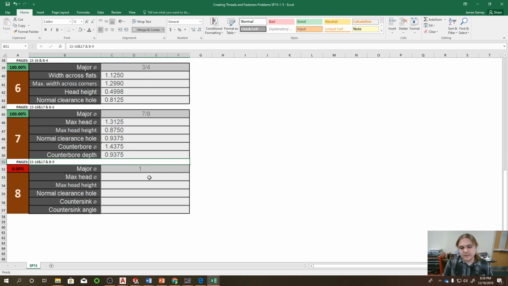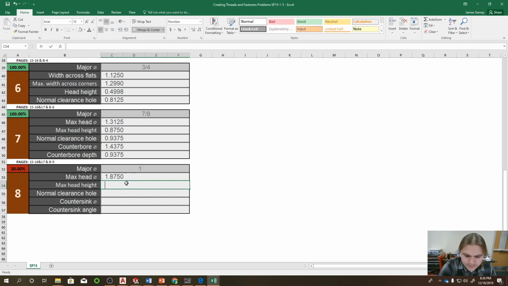And then the last one is a countersink. So I'm going to jump back to Appendix B again, and then jump over to page B9 because I have a slotted flat countersunk. So my head diameter is, I have an inch major diameter, so my equation is 2 times the diameter minus 0.125.